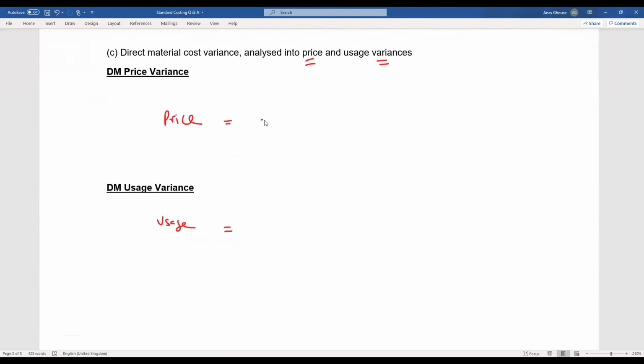I think this is adverse, and this is favorable. If you compare these two, that will be 22 million adverse variance. Our cost variance should be 22 million adverse.